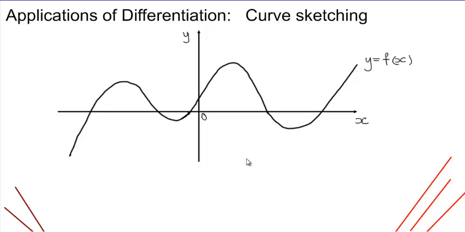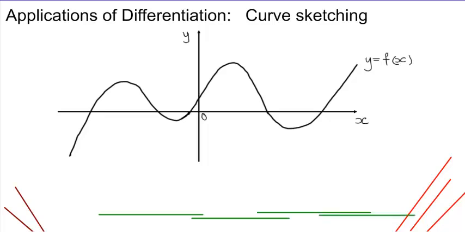Now, remember the interpretation of the derivative. We said a derivative geometrically represents the gradient of the tangent line at a point on the curve of the function.